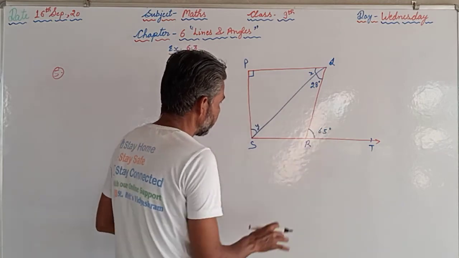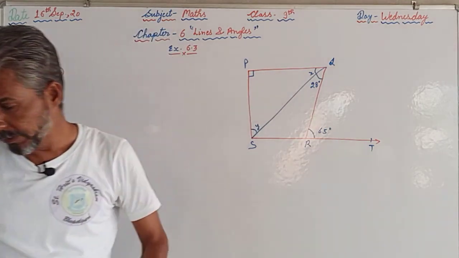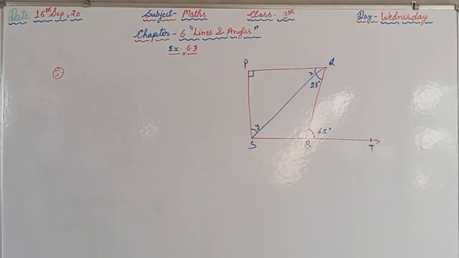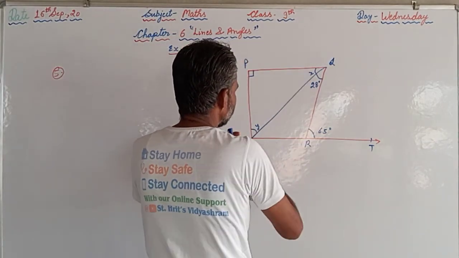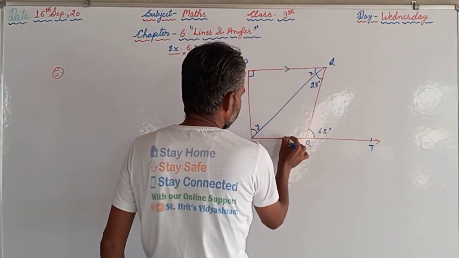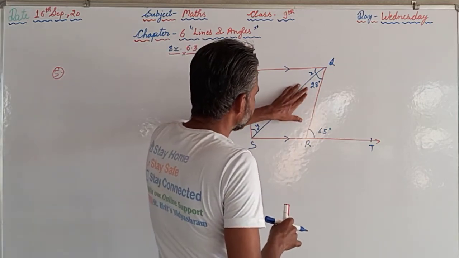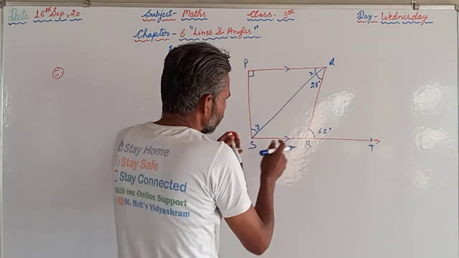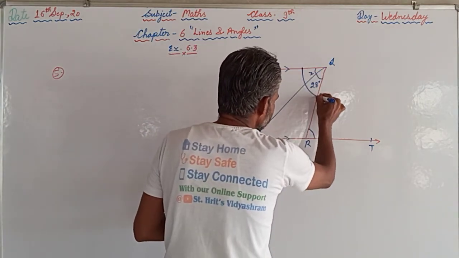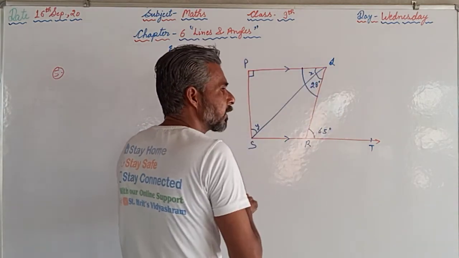So if this is 90 degree, again we have to read the question. PQ and SR are parallel as well. So these two lines are parallel. If these two lines are parallel, so forget this line. So this angle will be equals to that angle, that is 65, that will also be 65.